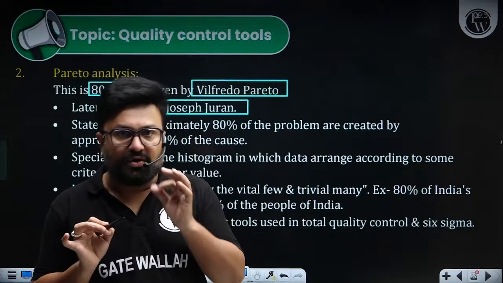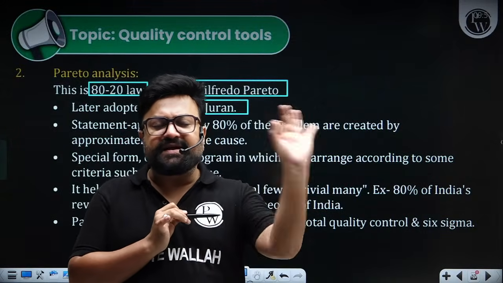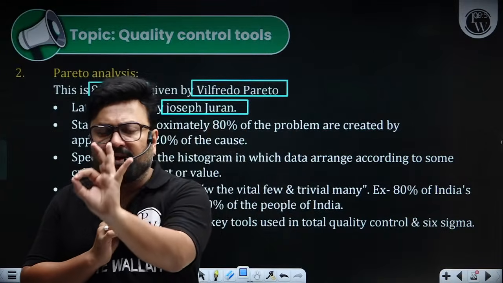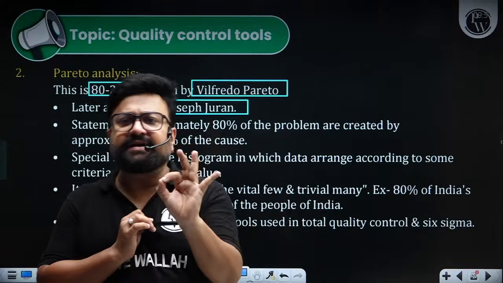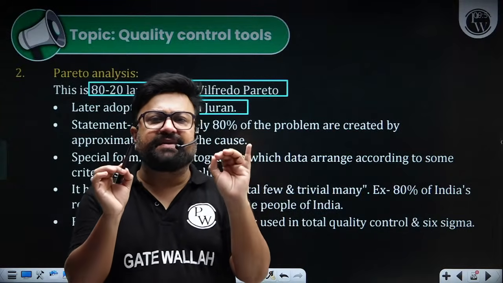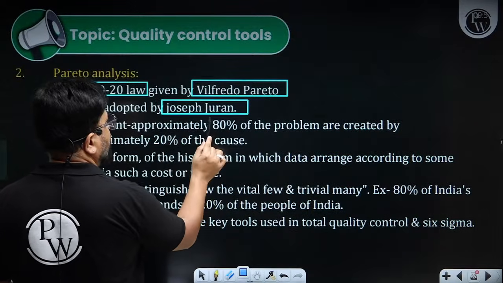Remember the statement also: 80% of the problems are created by approximately 20% of the causes.